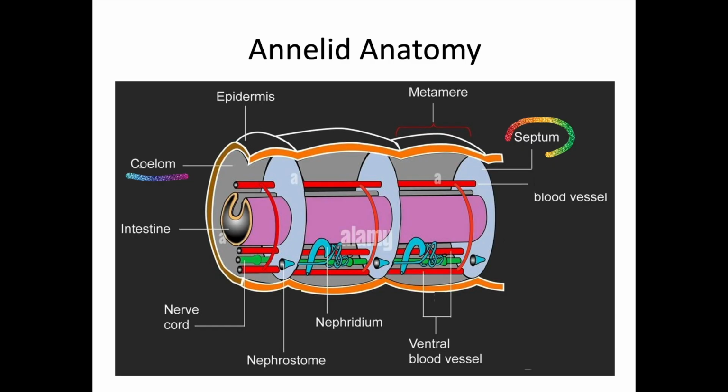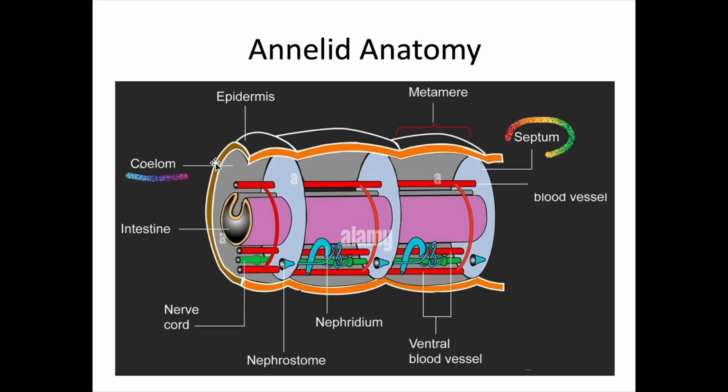Here's another figure showing this maybe a little bit more clearly. So here's one segment, and there's a septum dividing it from the next segment, and there's a septum dividing it from the next segment. Each segment has some fluid within this coelom cavity. So the septa are the walls, and the coelom fills each one of these individual compartments.